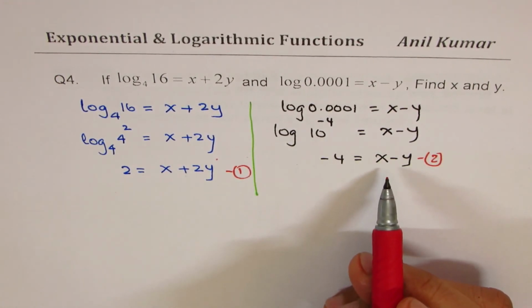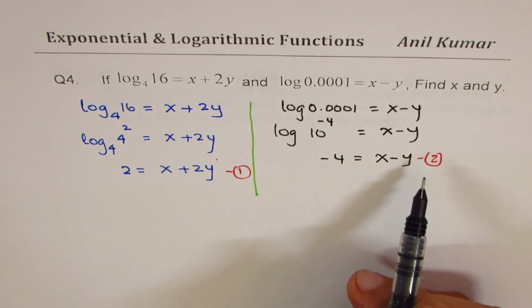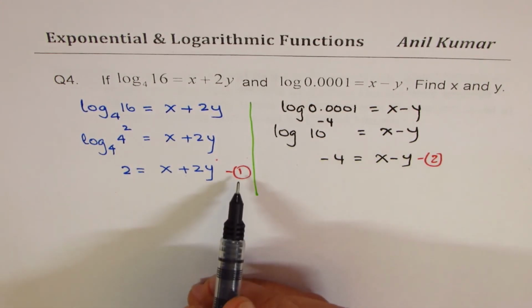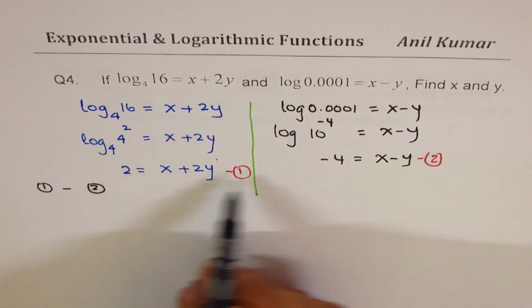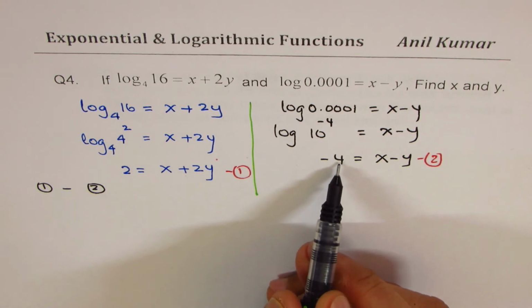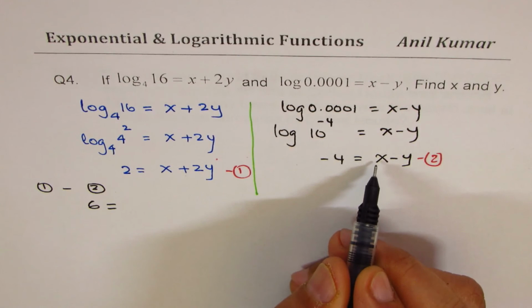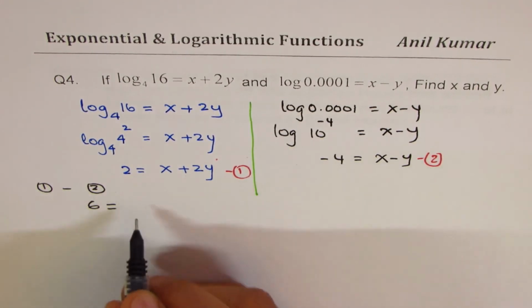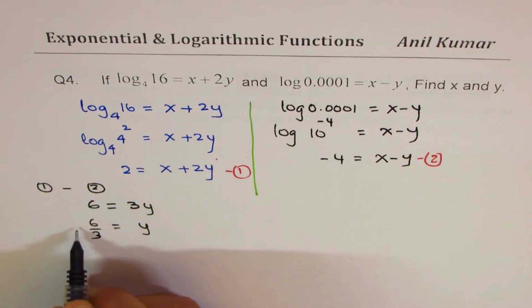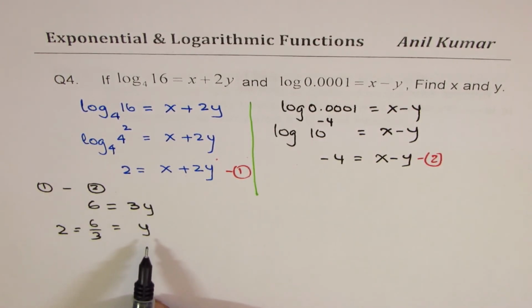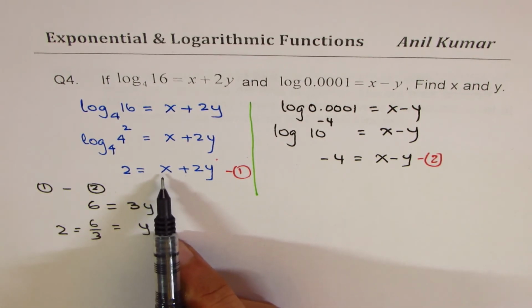We can do elimination or substitution to figure out our answer. So let's do elimination. What we will do is equation 1 minus equation 2. When I do this minus this, I get 2 minus (minus 4), which is 6, right? So we get 6 equals x minus x, which is 0, and 2y minus y gives us 3y. That gives y equals 6 over 3, which is 2. Now since y is 2, substituting 2 here, we can get the value of x, correct?